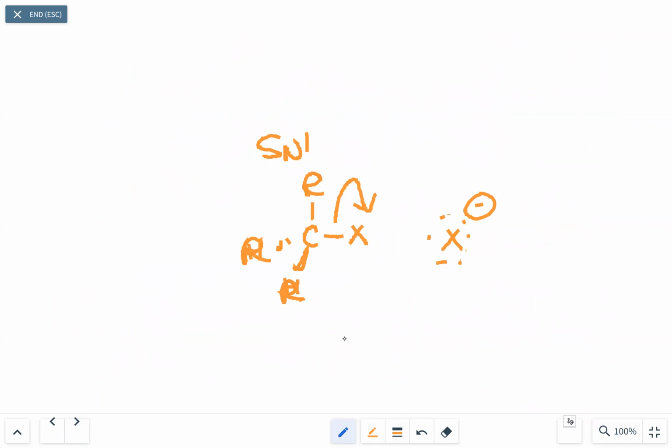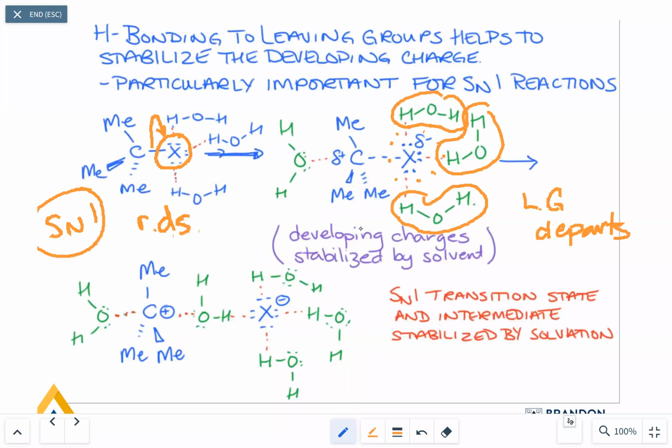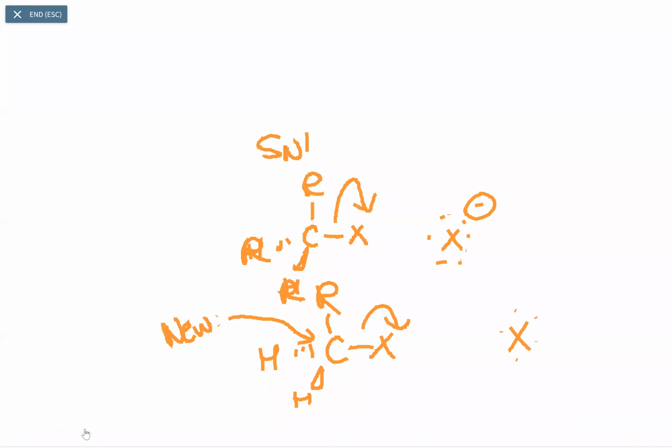So you were once in a relationship and then somebody new comes along, boom, and now you are off by yourself. Anyway, you can think of the solvent as basically helping the leaving group leave.